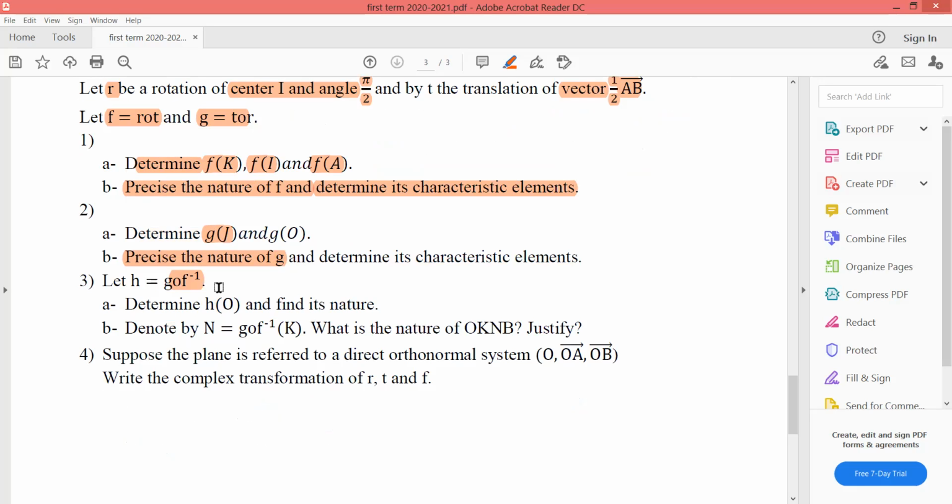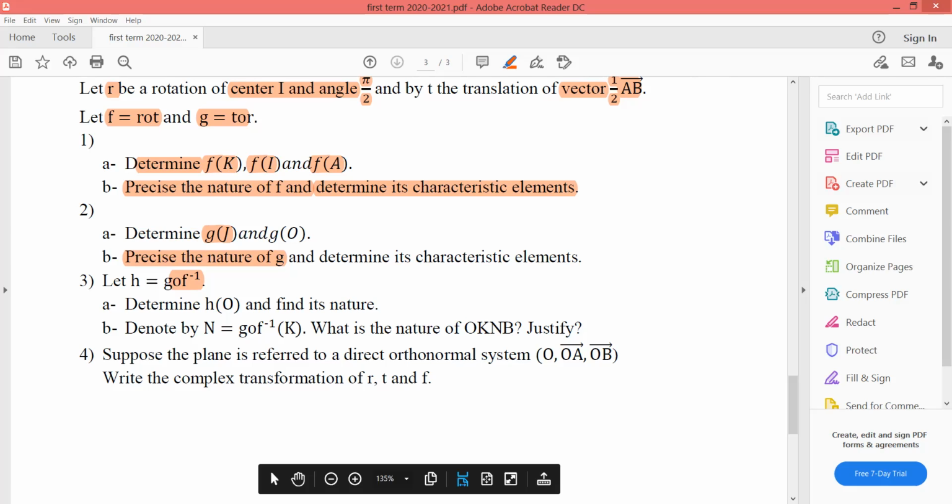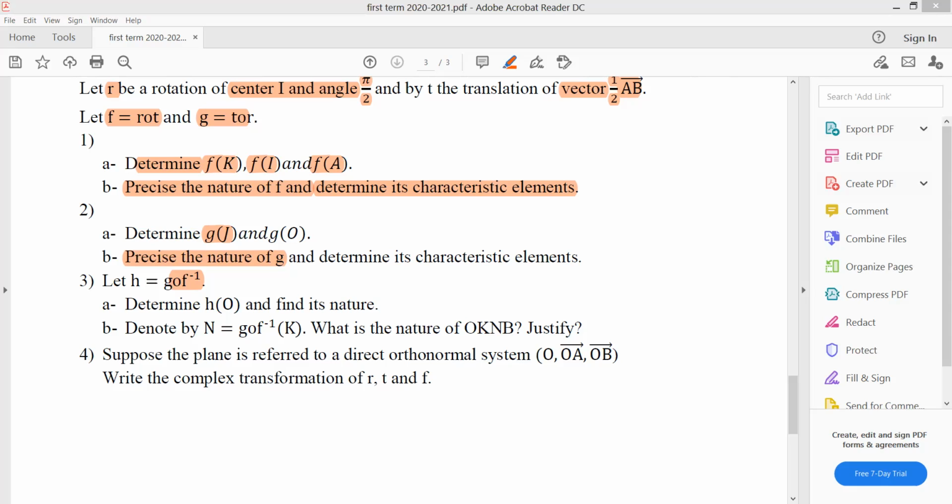So G round F inverse. F equals a rotation with center K and angle pi over 2. Opposite, F inverse is a rotation with the same center with angle minus pi over 2.